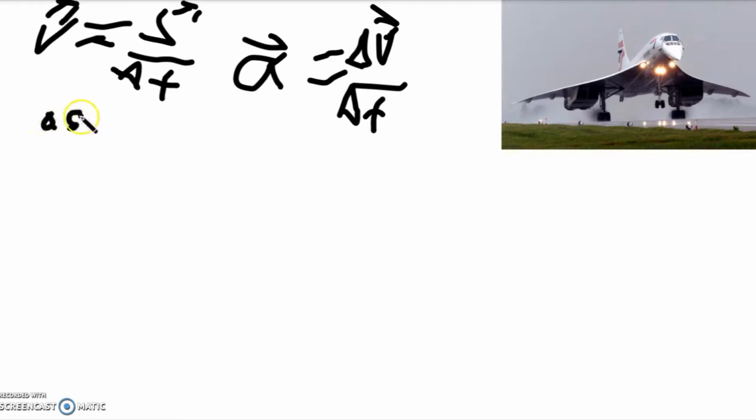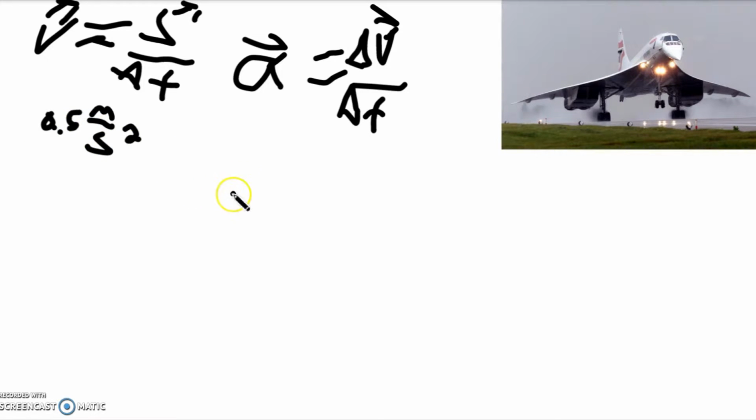It's a bad 5, I know, it's a sketchpad thing, I'm getting used to it. That means every second it moves 0.5 meters per second faster. So you get the point, right?